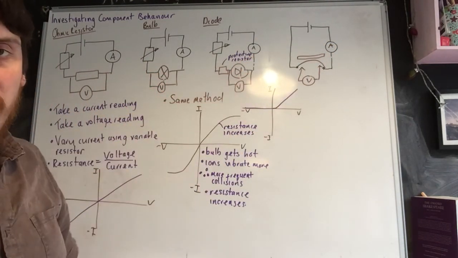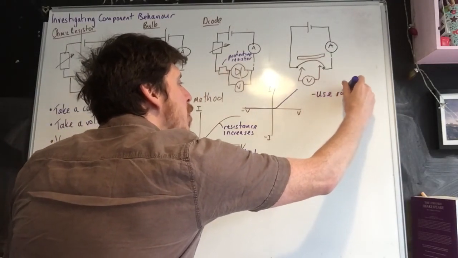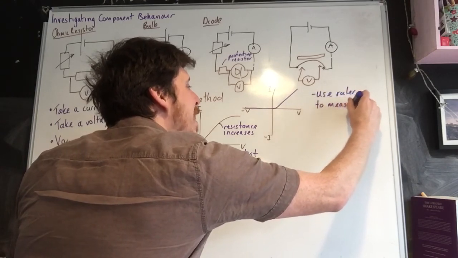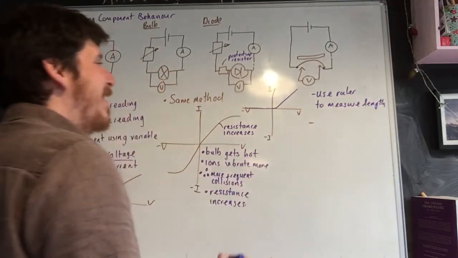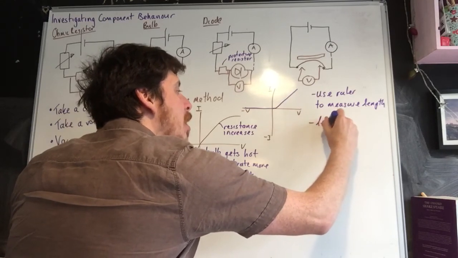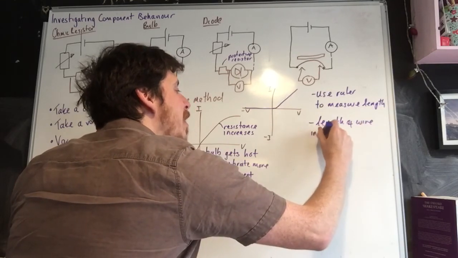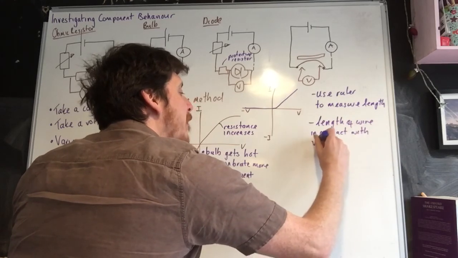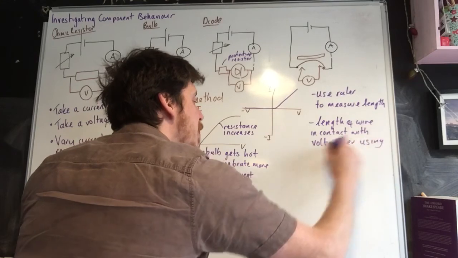You'll notice there's no variable resistor here, so you use the ruler to measure length, and the thing you are changing this time is the length of wire in contact with that voltmeter, and you do that using the crocodile clips.